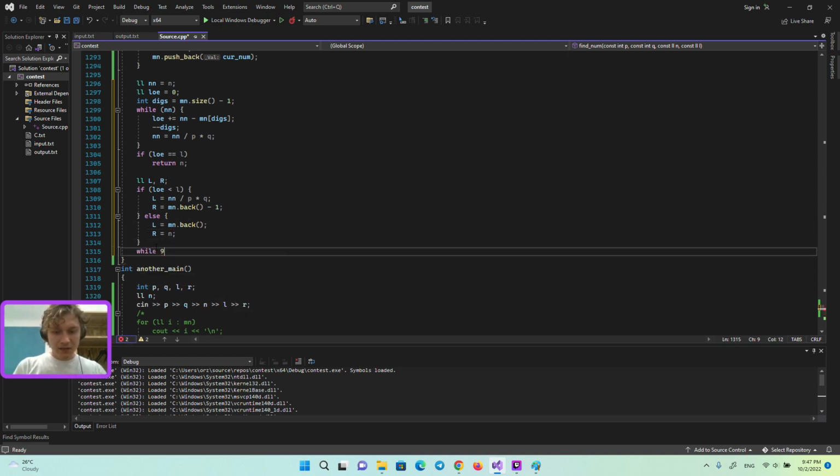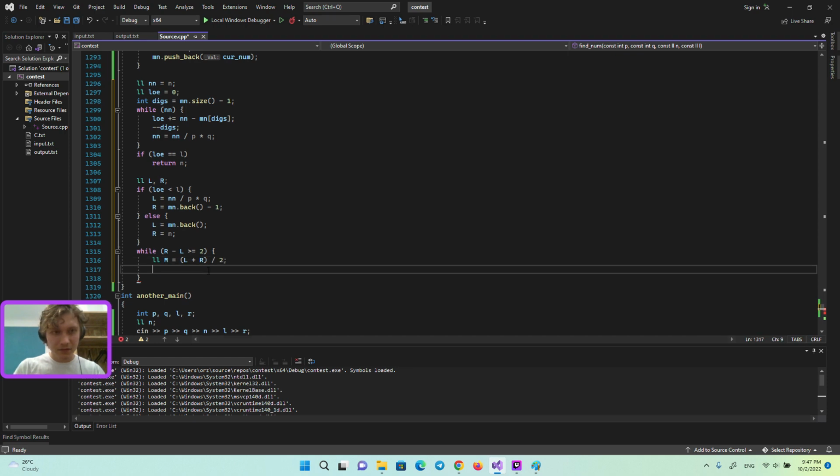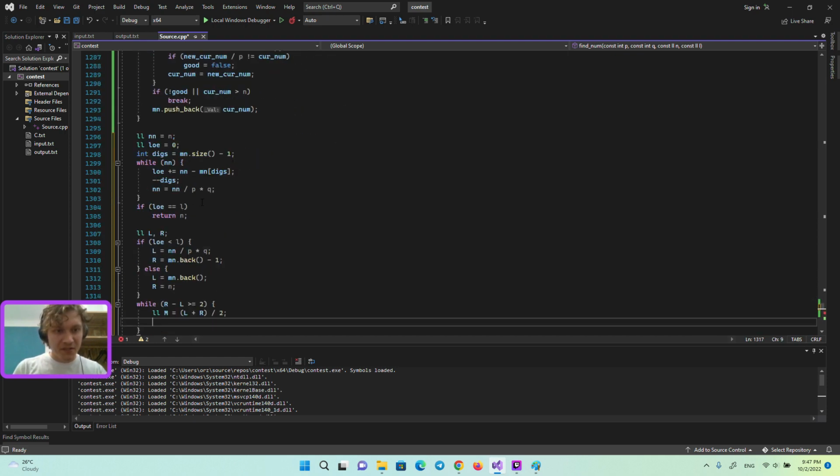So while R minus L is at least 2, I do something. I say M equals L plus R halved. Then I perform this procedure.